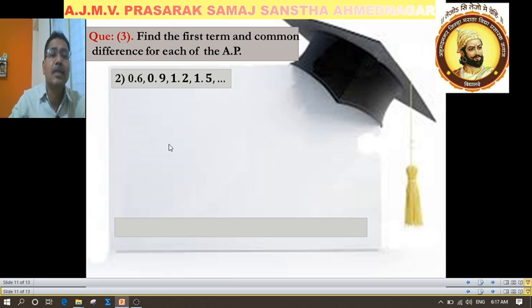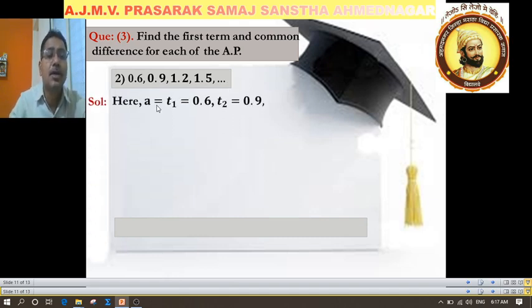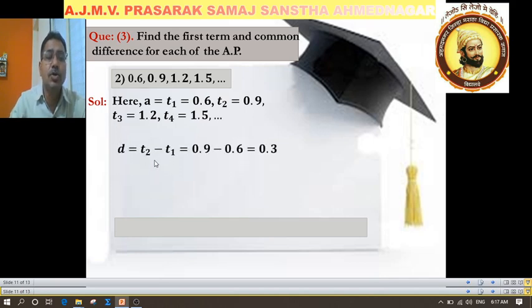Next arithmetic progression: 0.6, 0.9, 1.2, 1.5 and so on. Solution: here a is equal to the first term t1 is equal to 0.6, second term t2 is equal to 0.9, third term t3 is equal to 1.2, fourth term t4 is equal to 1.5. Now common difference d is equal to t2 minus t1, 0.9 minus 0.6 is equal to 0.3.